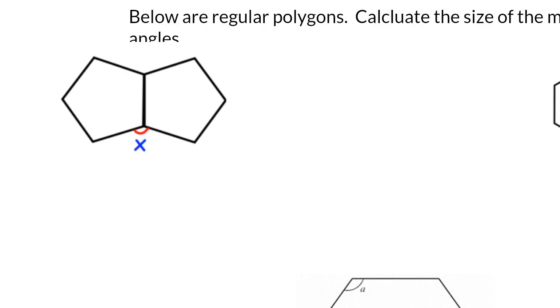So here I've got 2 regular pentagons. I'm looking for the exterior angle here, where the 2 shapes meet. So I need to find this angle first. Now I know the exterior angle of a pentagon is 72 degrees. So I know the interior angle is 108. So that would also make this angle 108.